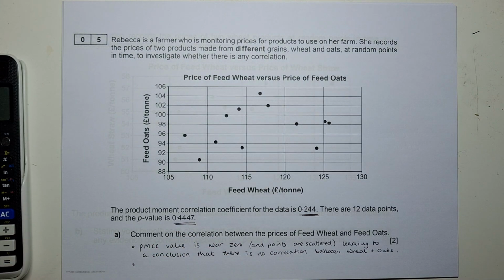Now, the p-value is not something we generally see in relation to this question, but we see it in hypothesis tests overall. Basically, the smaller the p-value, the more likely you are to reject H0. And in this case, rejecting H0 would mean rejecting 0 correlation and concluding there is some correlation. But 0.4447 is not small.